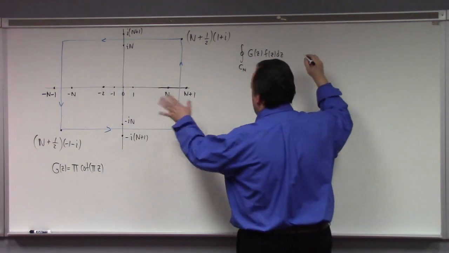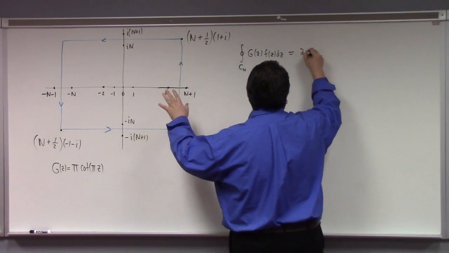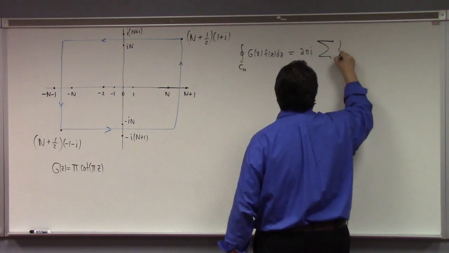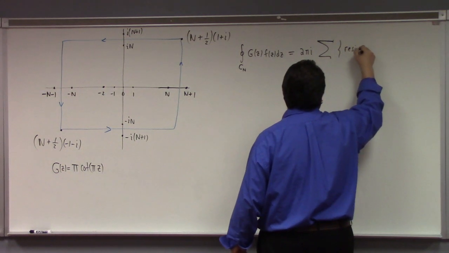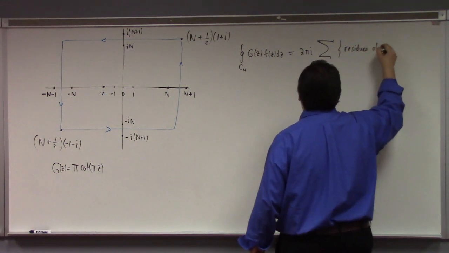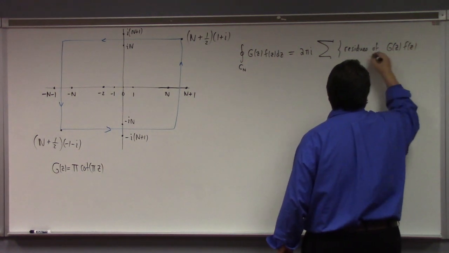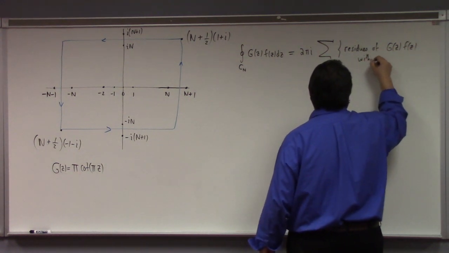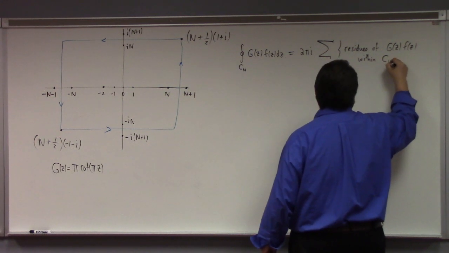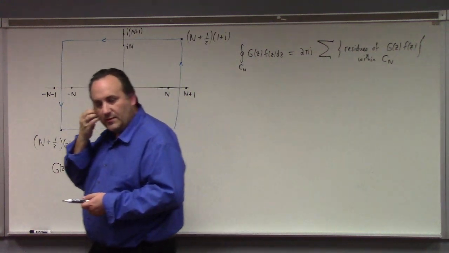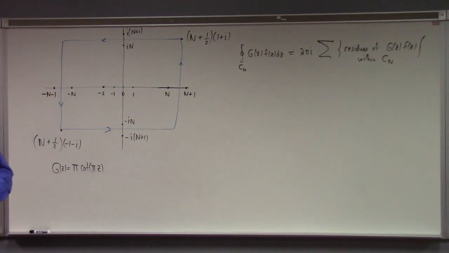We know the residue theorem, right? So it says 2 pi i times the sum of what? Residues of G of z f of z within the curve Cn. But what are those residues?